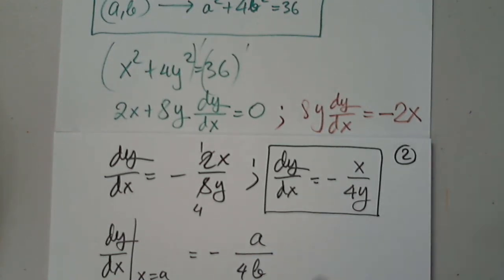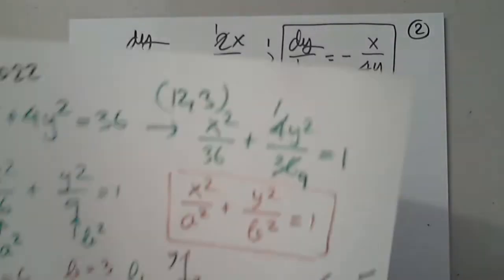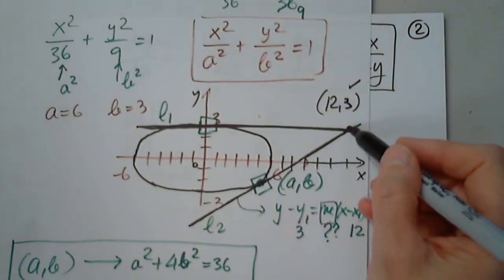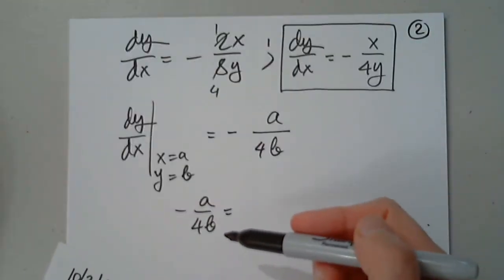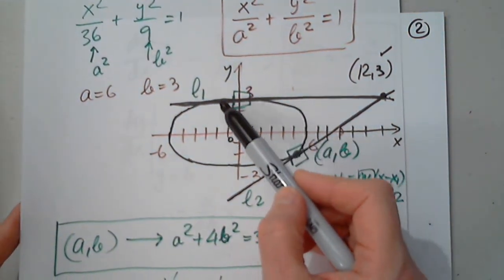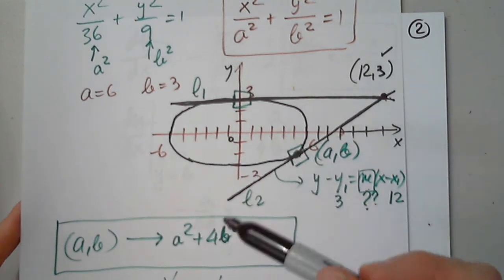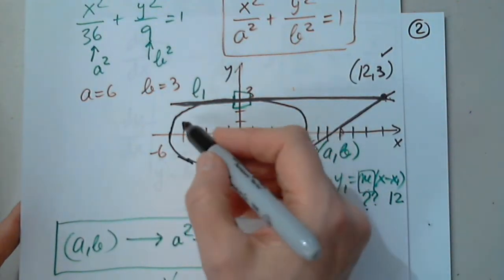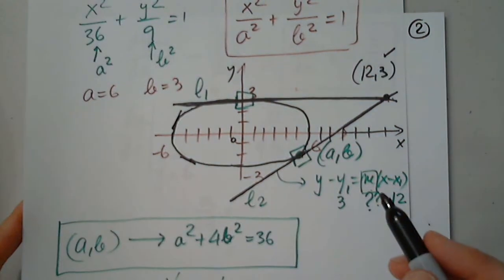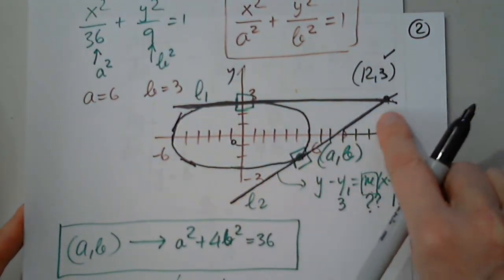And this has to equal, at the same time, the slope of this line. How do I know? So this dy over dx gives the slope of the tangent line to the graph of the ellipse anywhere. It gives it here, it gives it here, and so on and so forth. But I'm interested in this point that is also on the tangent.